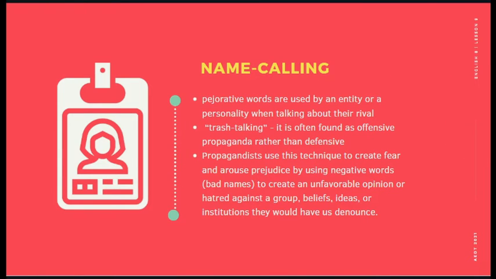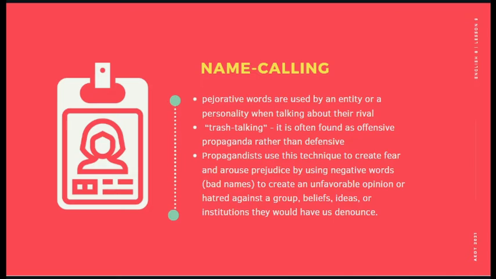The next common propaganda technique is name-calling. This technique occurs when pejorative words are used by an entity or a personality when talking about their rival. It's also branded as trash talking, for it is often found as offensive propaganda rather than defensive.